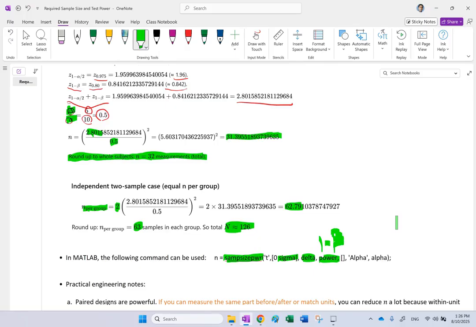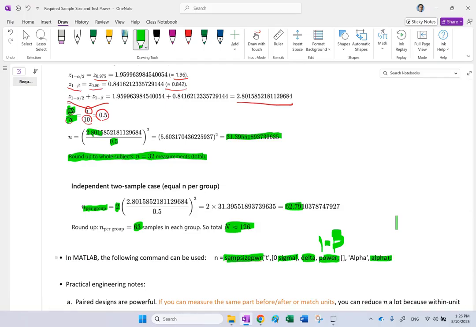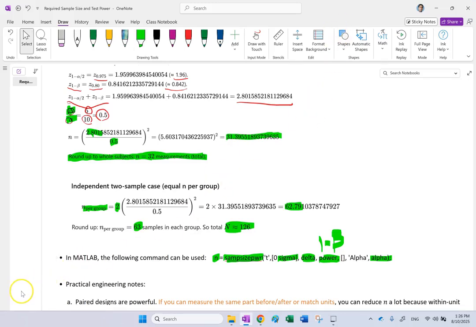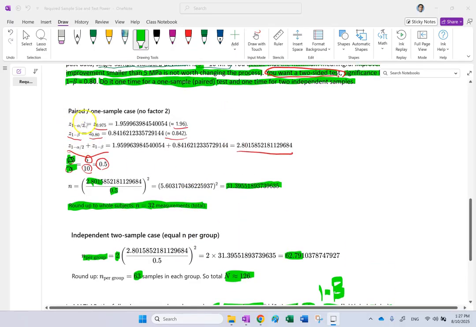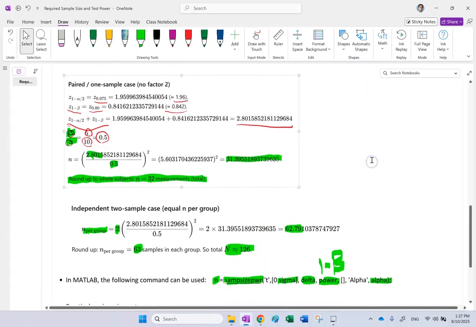And then you need to give it alpha. And guess what? It is going to return for you the number of samples. So this is if you want to not go and read all of the z's from the z tables and then calculate it yourself. This single command does all of that for you.